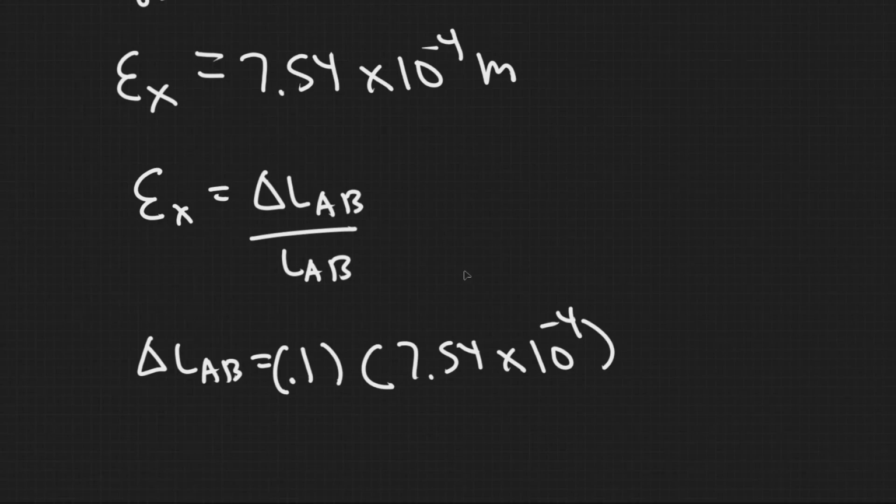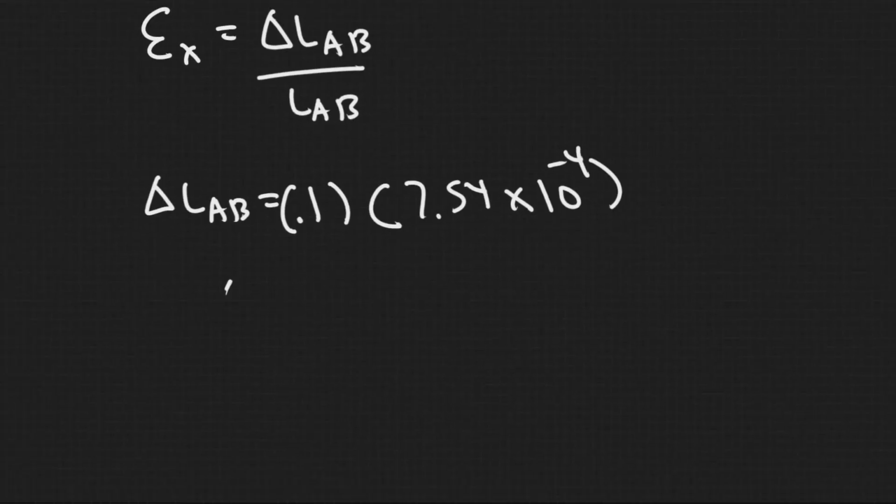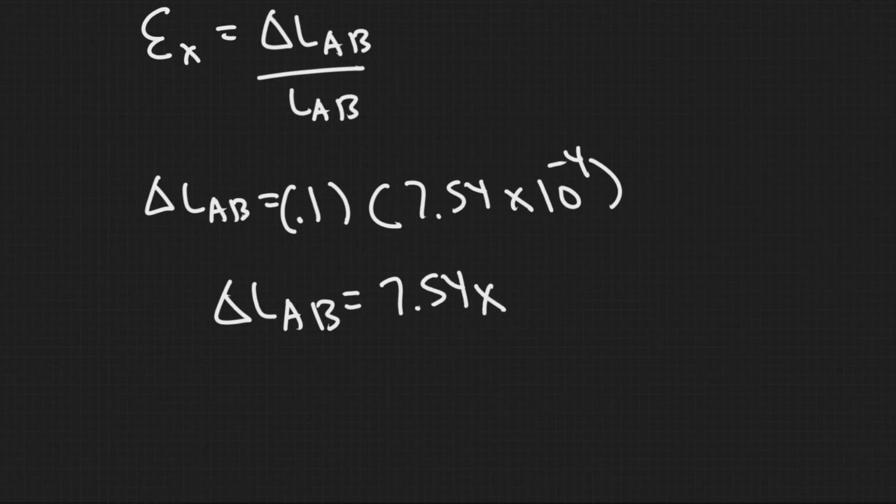So go ahead and do that. And then, yeah, so what you're going to get is, keep in mind, this is going to be in meters. So all you're doing is multiplying it by 0.1. So we can just rewrite it as 7.54 times 10 to the minus 5 meters.